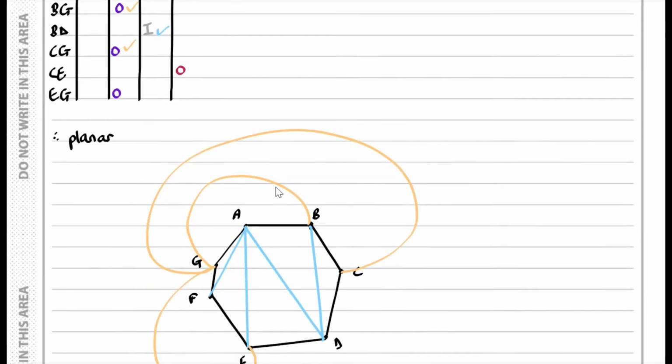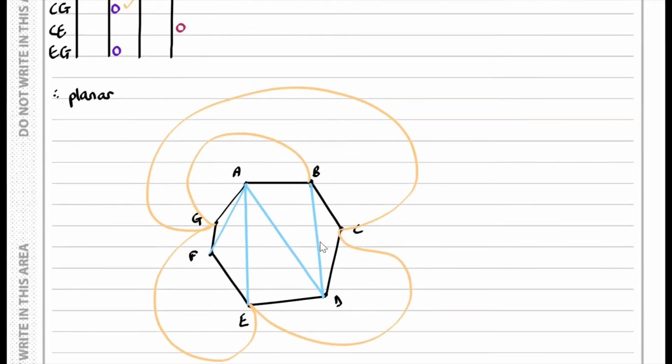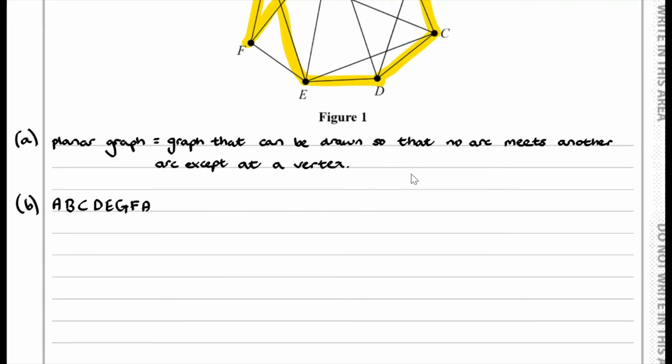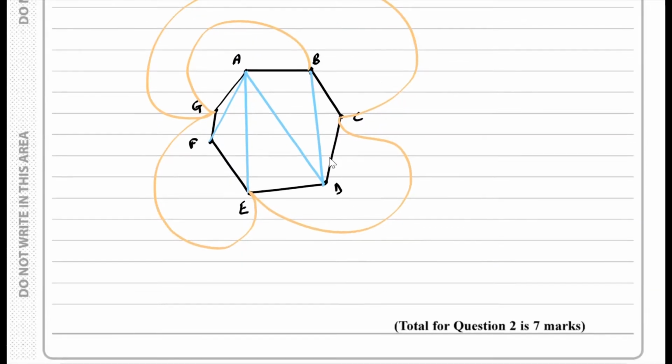And then we have CE, which is over there like that. So this is our completed graph in a plane. Okay, you'll see that the lines don't intersect each other, and that's consistent with our definition of a planar graph. So what we have drawn over here is a planar graph.